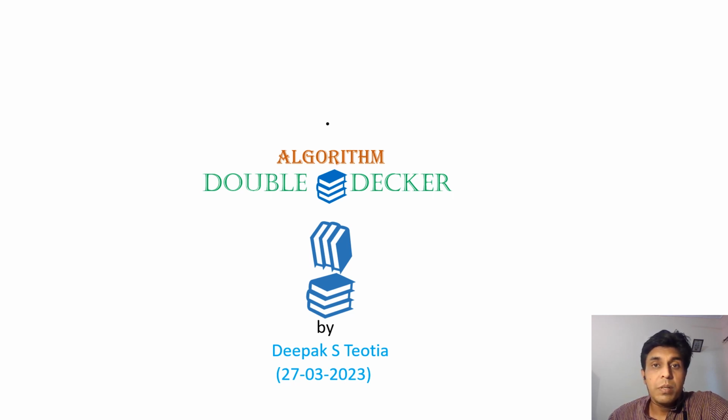So that algorithm has just evolved out of that arrangement of the books. I've even named it Double Decker. We'll see the details of the algorithm in the next slide. Thank you.